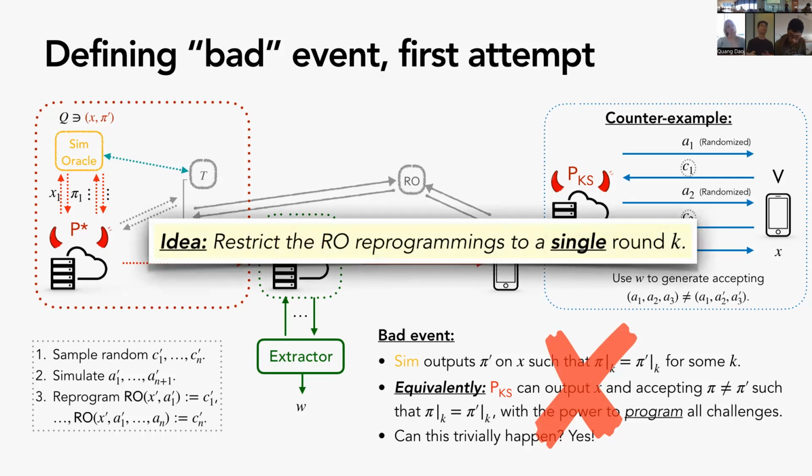So how do we fix this bad event? The idea is we want to restrict the random oracle programming to a much smaller set, and particularly to only a single round. What I mean by this is that I'll define the following 2 definitions.